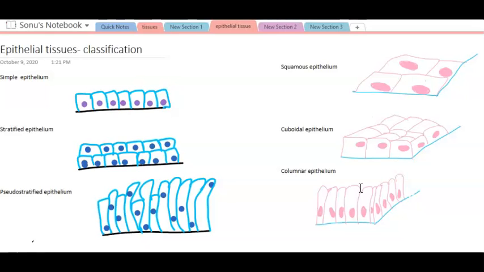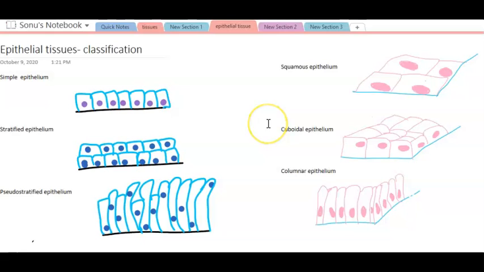So these are the two types of projections which are found over the cells, especially in cuboidal and columnar epithelium, and these can again give the classification as ciliated and non-ciliated. So these are the criteria.